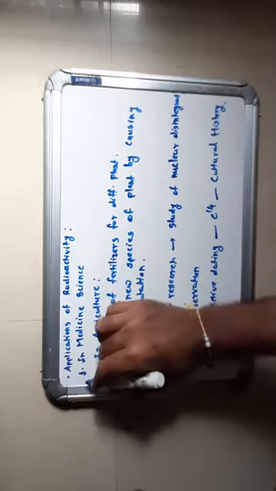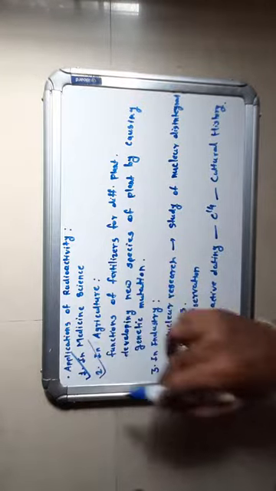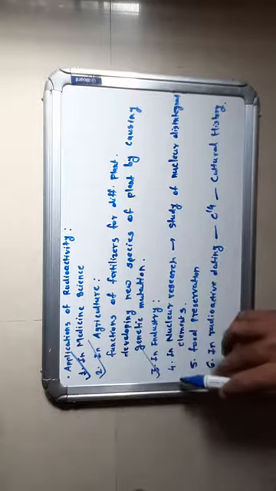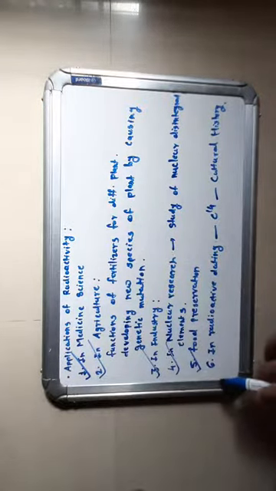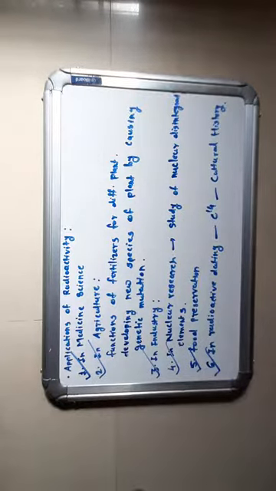The first field is medicine science, then agriculture, industry, nuclear research, food preservation, and the sixth one is radioactive dating. Okay, these are the different applications of radioisotopes in different fields.